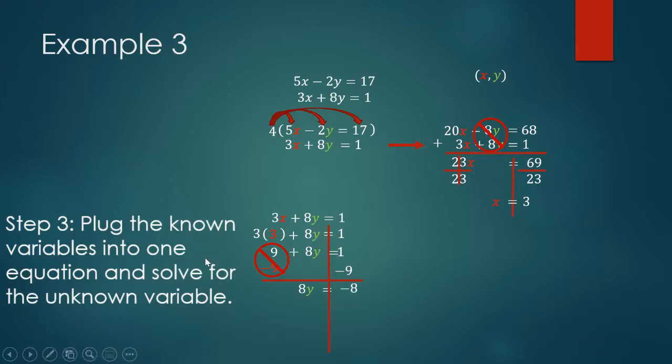Now, since I know this is multiplication, I'm going to do the inverse operation, which is division. I'm going to divide by the coefficient, which is 8. 8 divided by 8 is 1. So I'm going to drop my y equals negative 8 divided by 8 is going to be negative 1.